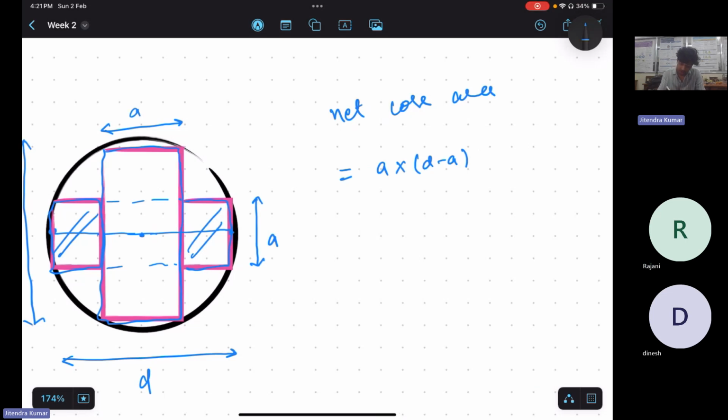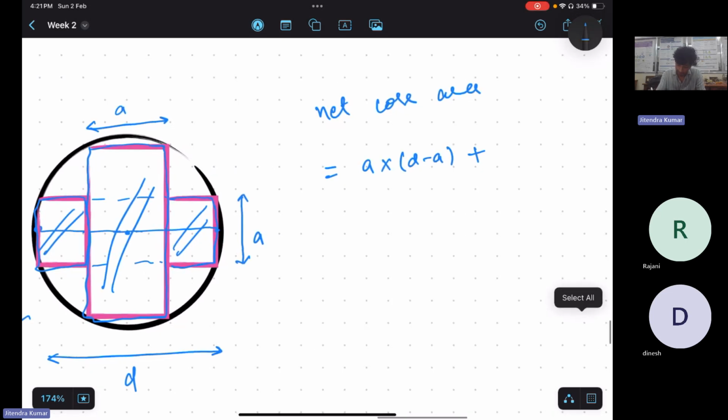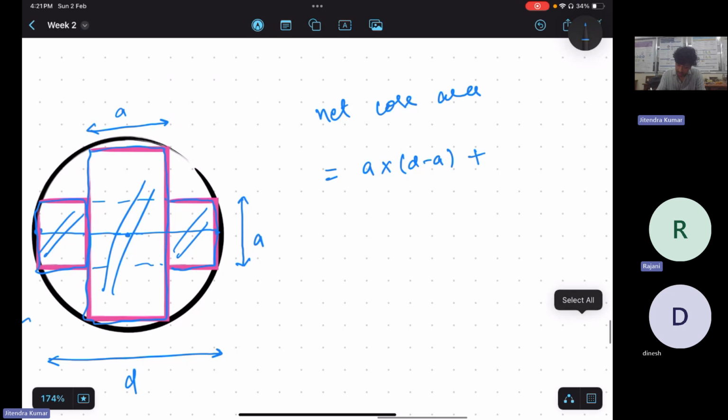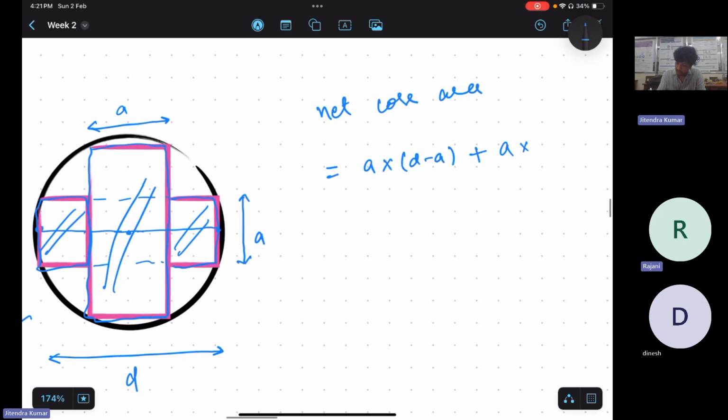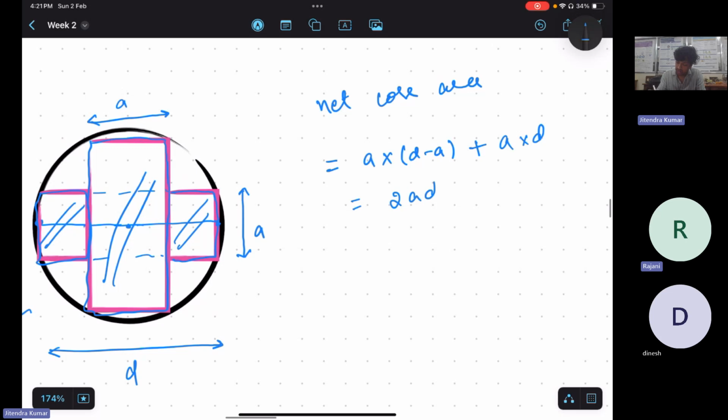This vertical area is how much? Can we say A into D? Can we write 2AD minus A square is the net core area, right?